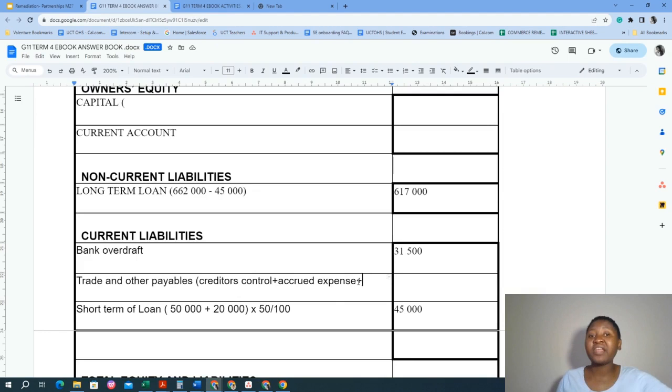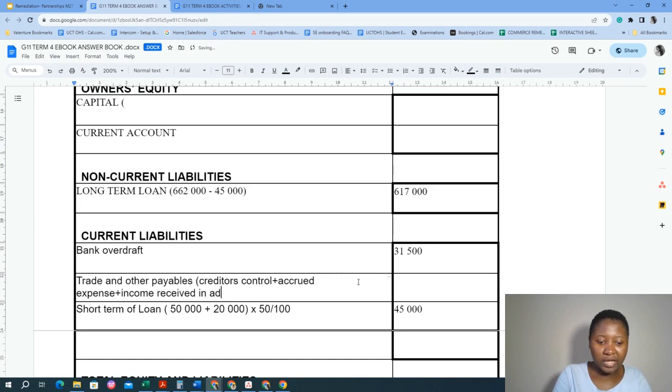The fact that they paid us more than they were supposed to, we have an obligation on our shoulders to give the service. So until the time passes, we have that obligation for that tenant, which means that if they decide to sue us, we have to pay them back the money. You get it? So then we say income received in advance.